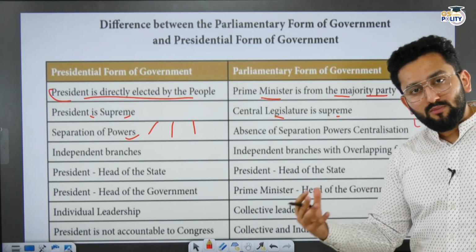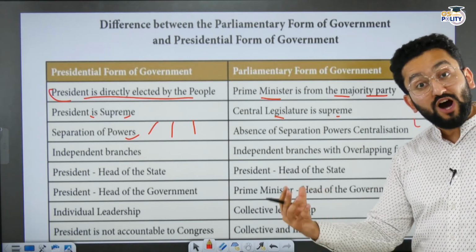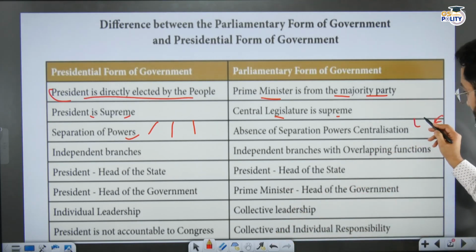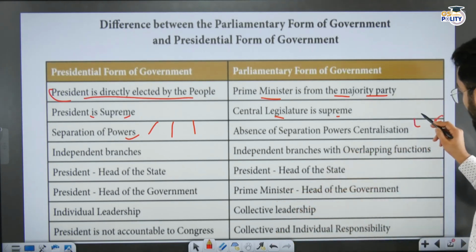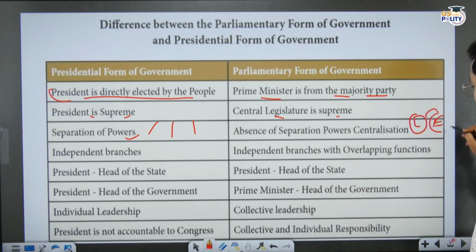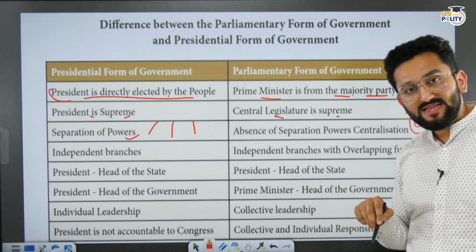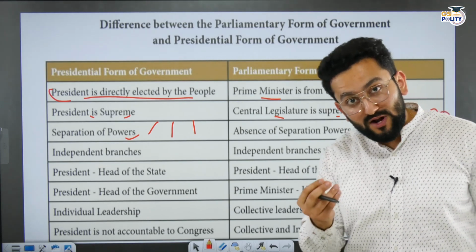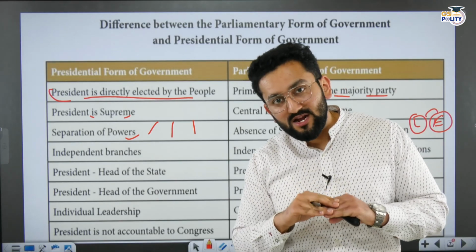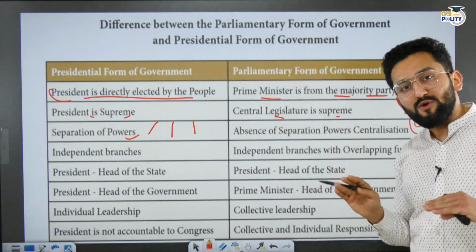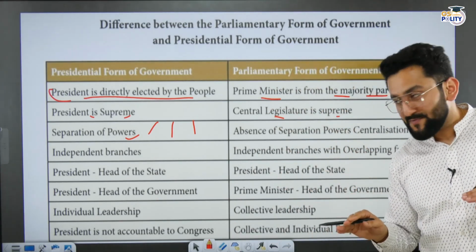For example, Modi ji got elected from Varanasi, so he became a member of the legislature, a member of parliament in Lok Sabha. But after that, he got appointed as Prime Minister of India. So he is part of the legislature as well as the executive. It means an overlap system is there when it comes to parliamentary form of government.